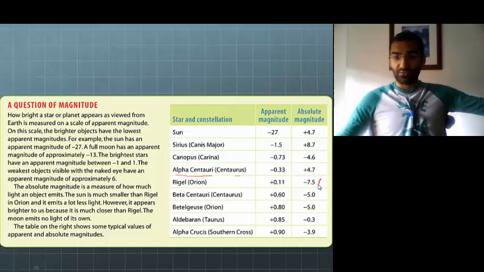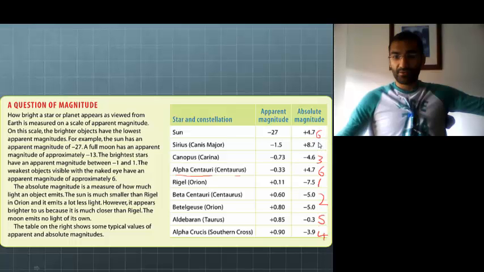So this would be number 1 right here. This would be the brightest star, followed by these 2 at the same time, then by this one up here, then down to this one, then the Taurus, and then we have the Alpha Centauri.